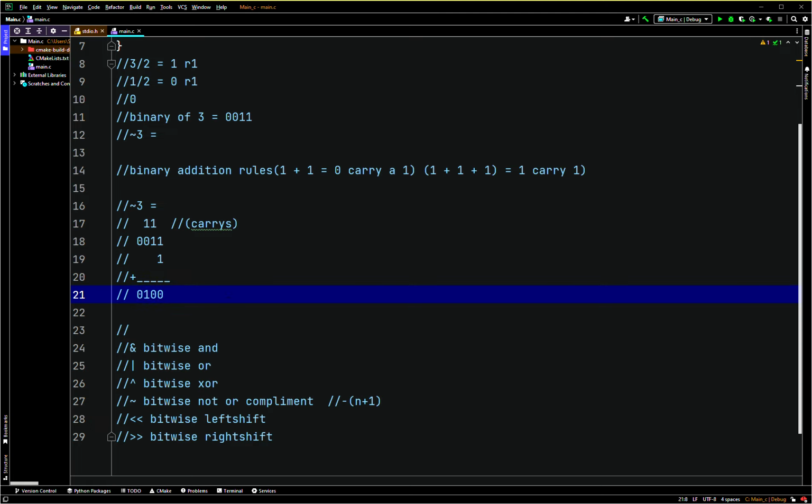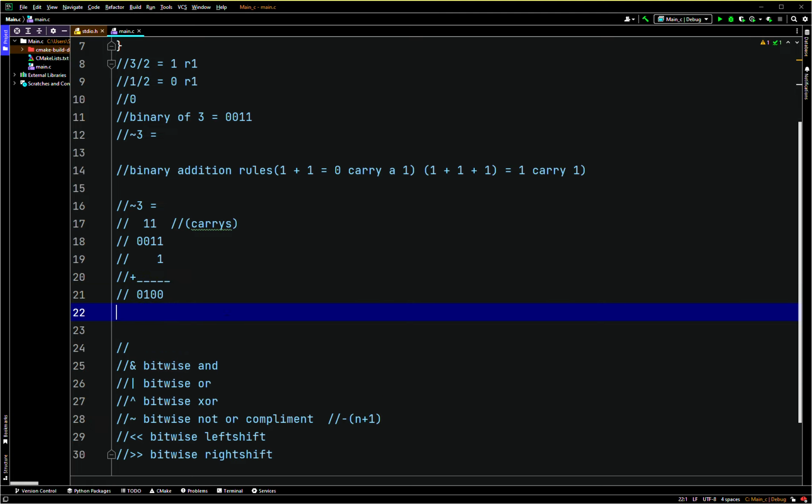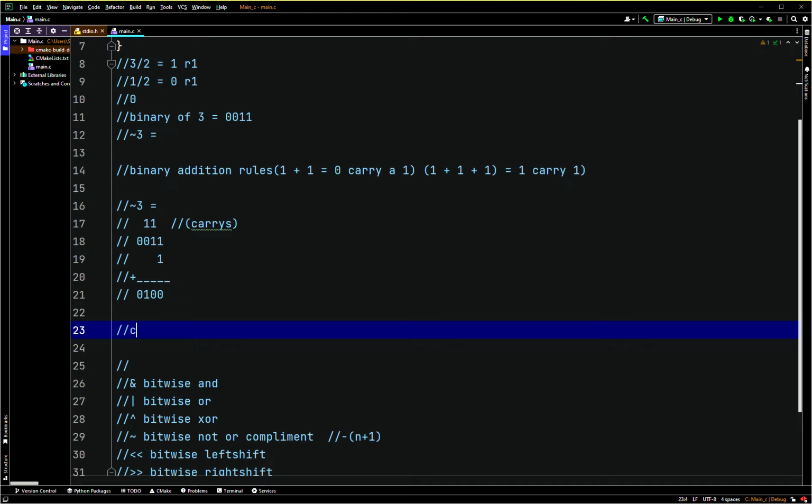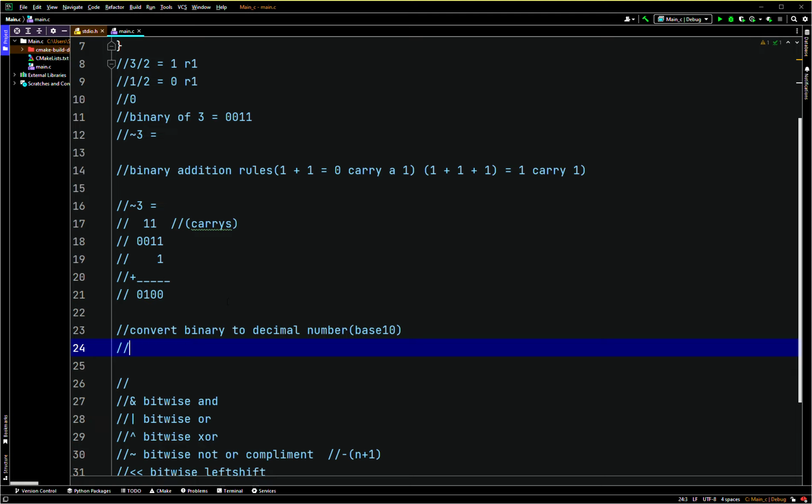So to convert, we'll just say convert binary to decimal, number base 10. What we have to do is start from the right, so the value is going to be 2 to the power of 0 below this 0.